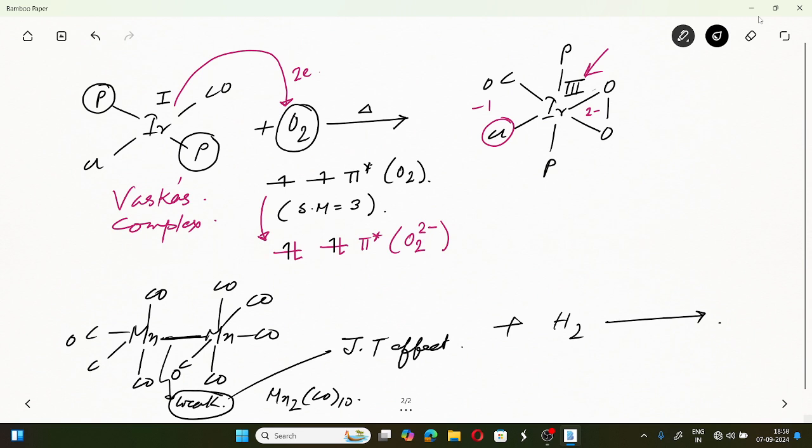Initially this metal center is in the zero valence state. How will it react with molecular hydrogen?